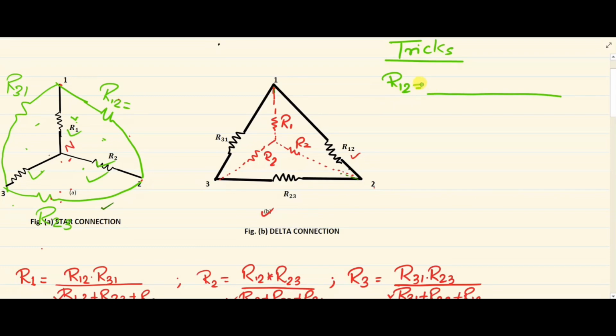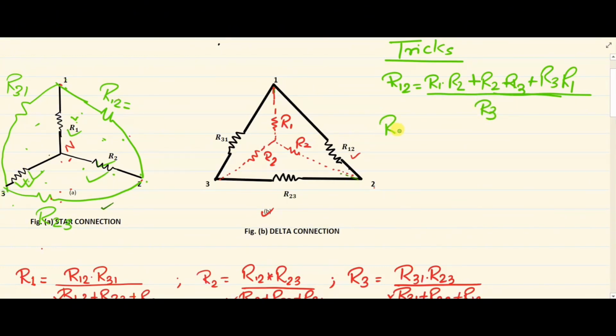So write the sum of star resistances between those terminals plus the product of these two. Now let's provide R1 into R2. This is the product between these two resistors. Now plus again these two resistors, R2 R3 plus R3 R1. Once you have done this, now you have to identify the denominator. Since 1 and 2 exist between the terminals 1 and 2, the resistor which is not connected to them is R3, so divide by R3.